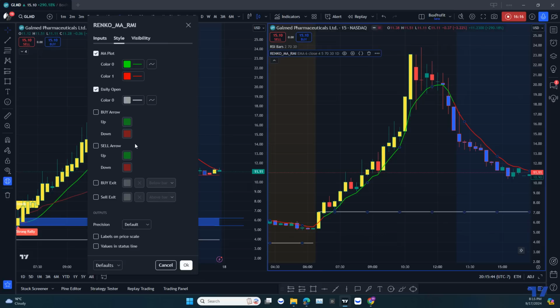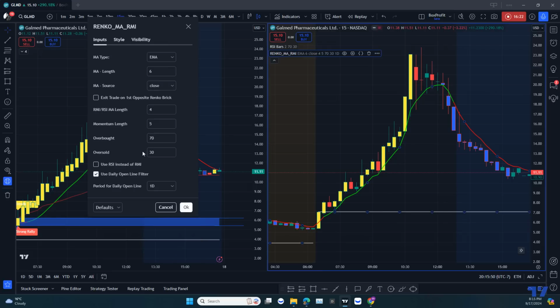The next thing that we are going to do is go back to the input tab. Okay. On the input tab, we are going to change the moving average type from exponential, which is EMA, to TMA, which is triangular.